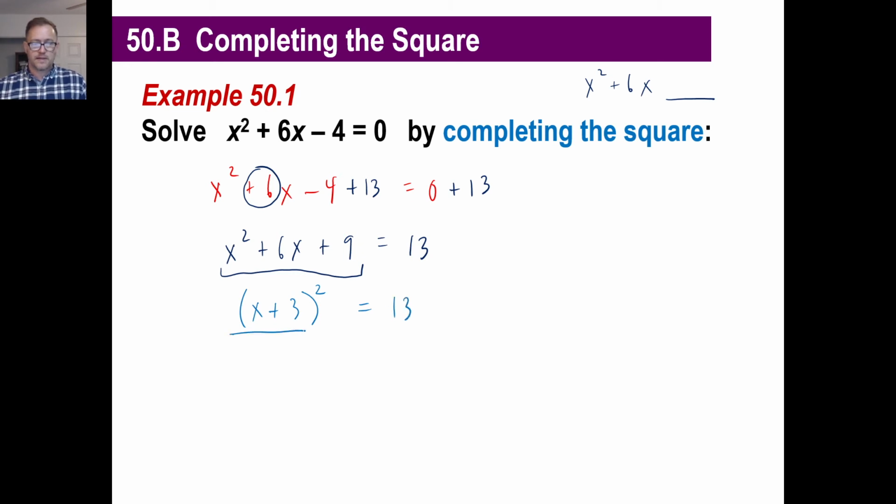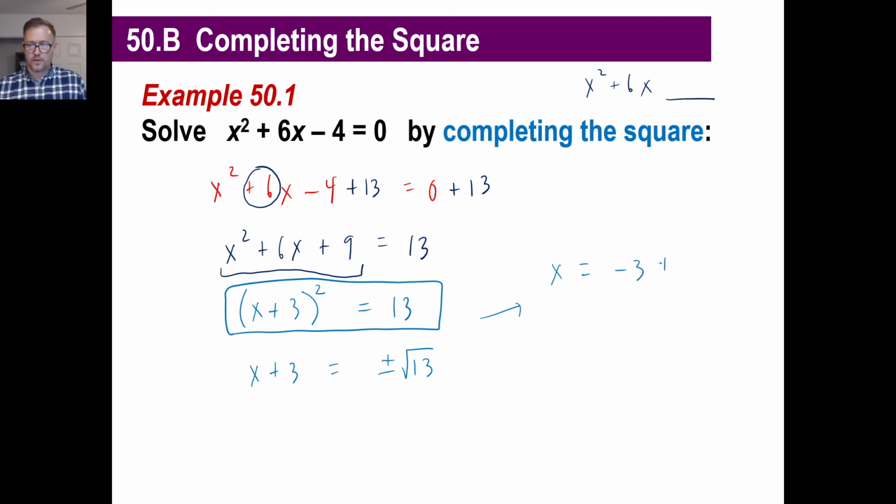And again, look at that blue equation. You know how to solve these. You've done this before many times. Okay, let's do it again. All we do is take the square root of both sides. X plus 3 equals, don't forget your plus or minus, the square root of 13. Okay, one last step, you move it over. So we have x is equal to negative 3 plus or minus the square root of 13. That is our answer. We did it.